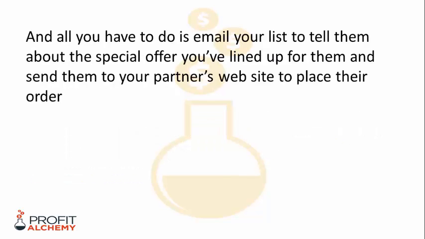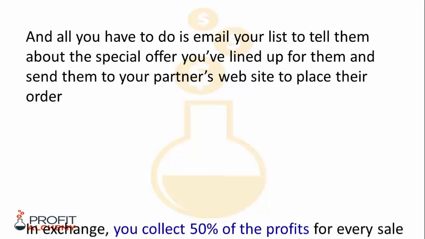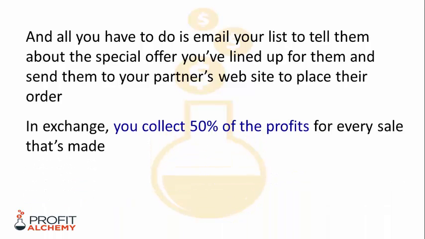And all you have to do is email your list to tell them about this special offer you've lined up for them, and then send them to your partner's website, where the partner takes all the orders, fulfills them, and then just cuts you a check for your 50%. And as I said, in exchange, you collect 50% of the profits for every sale that's made. And this is sweet. In fact, it's very sweet indeed, because it's removed all the complexity from doing joint ventures the conventional way.